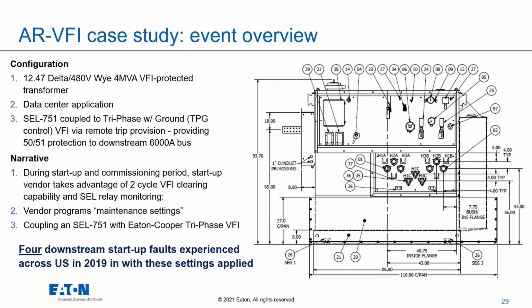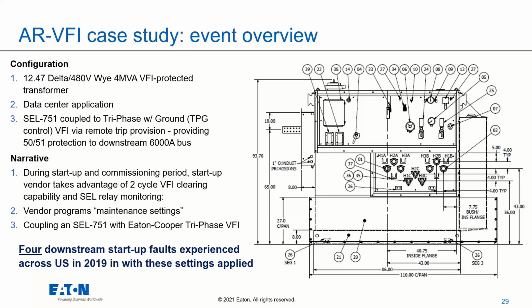So the initial startup can be a dangerous time. In this particular case, we had a whole data center lineup where the transformer was feeding both low voltage gear and a low voltage UPS system. And in that UPS system, I was told there was a small piece of shipping support that was not seen during the initial installation, and it had fallen down and was laying across the A and B phase buswork.